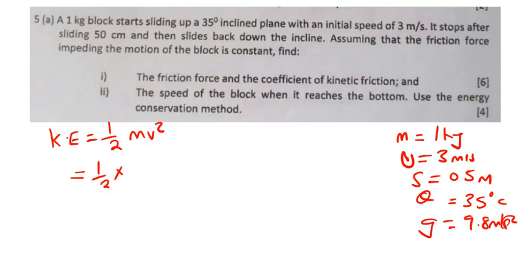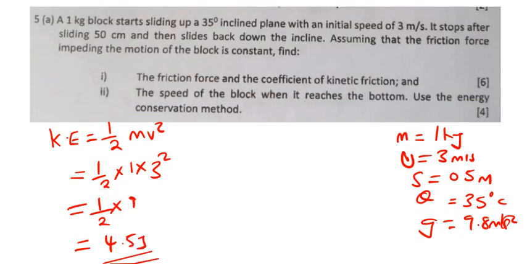The mass has been given, it's 1, multiplied by the velocity, initially 3 meters per second. So this is half times 1 times 3 squared. 3 squared is 9, and half of 9 is 4.5 joules. That is the kinetic energy that we have.